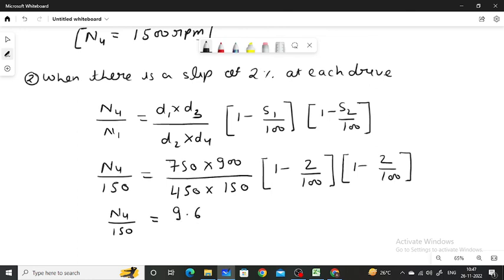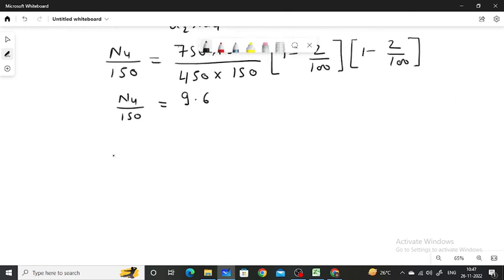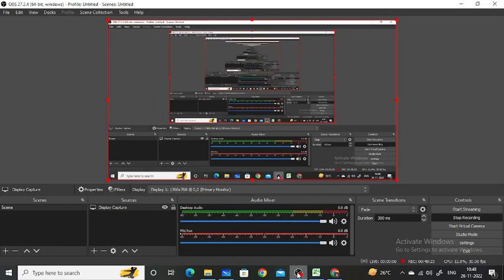This is equal to 9.6. So N4 will be equal to 150 into 9.6, or N4 is 1440 rotations per minute. This is the speed of the dynamo shaft due to the pulley slip.